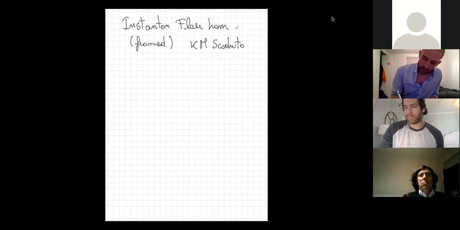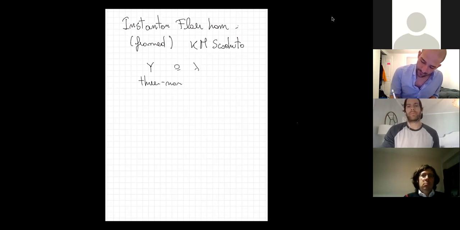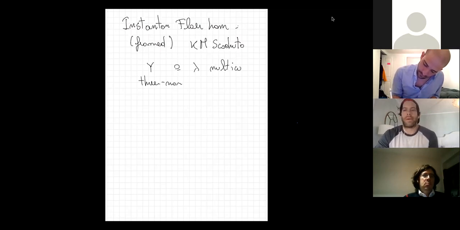So you have a three-manifold, and inside it a multi-curve lambda, which I'm going to call the framing. I mean, we are not interested in it as an invariant for links, but the invariant in the end is just going to depend on the mod 2 class of this guy.